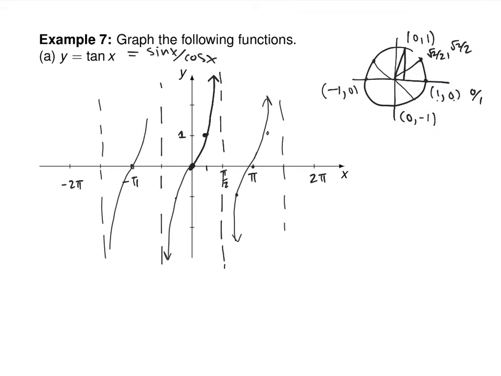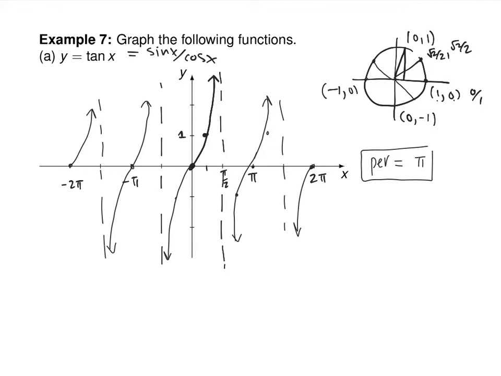So tangent is 0 at all whole number multiples of pi. Does that make sense? Like 0, pi, 2 pi, 3 pi, 4 pi, right? And that'd be the whole picture that we had in our interval. What is the period of tangent? The period is pi.